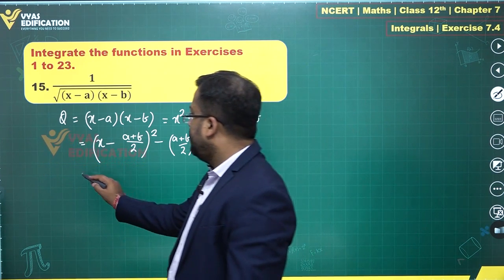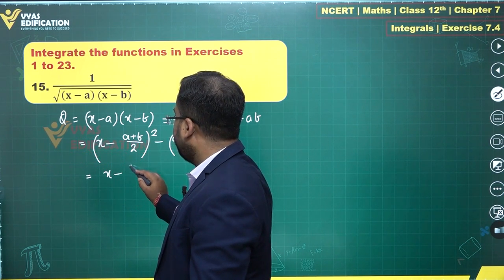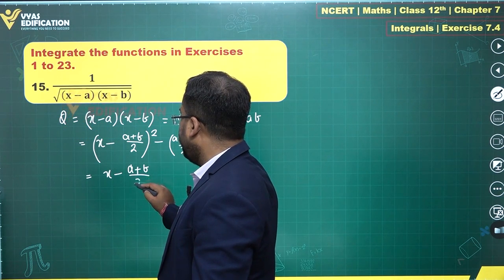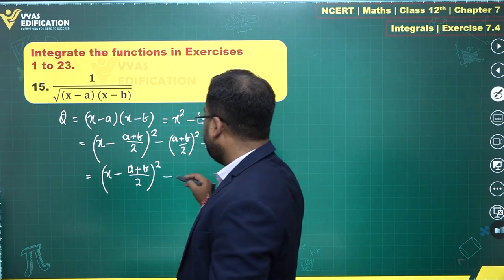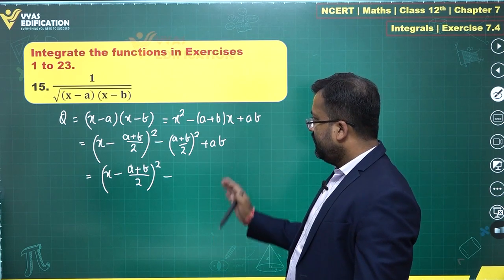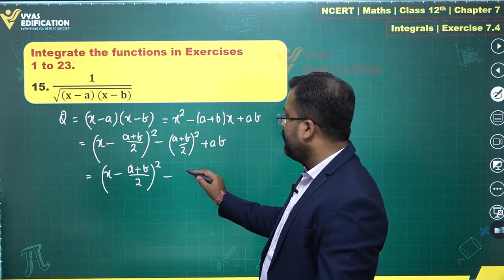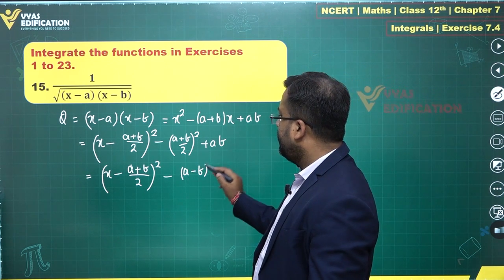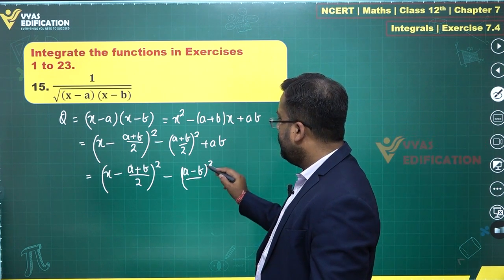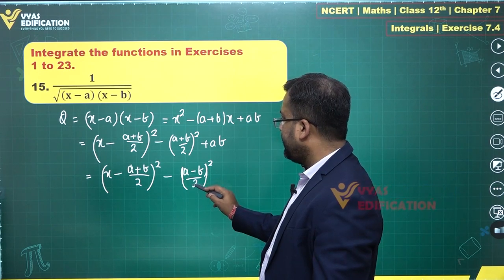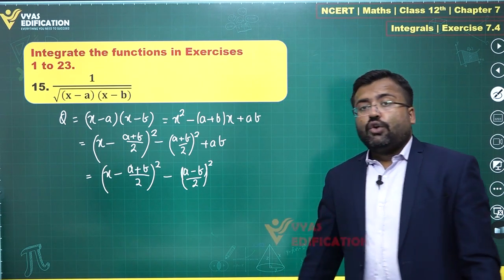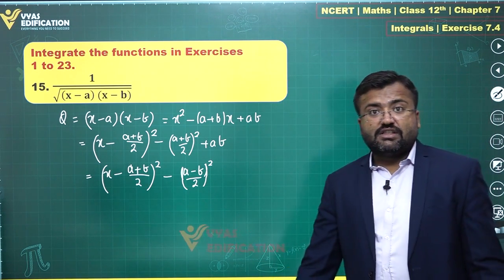So this is x minus (a plus b) by 2, its square, and this actually becomes, we take out a minus common, (a plus b) whole square minus 4ab, that is (a minus b) whole square upon 2 square. That expression simplifies to this now.